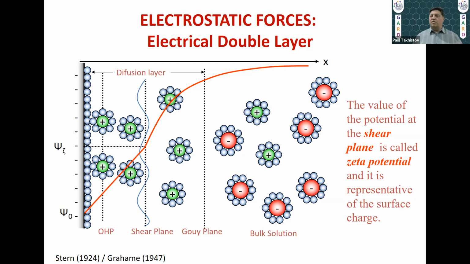In the bulk, we have the same amount of positive and negative charges. At the surface, we have a breakdown of electroneutrality. Therefore, if we apply an electric field or introduce movement, we have a redistribution of charges, and a whole spectrum of phenomena called electrokinetic phenomena: electrophoresis, electroosmosis, Donnan potential, streaming potential, and many, many others.